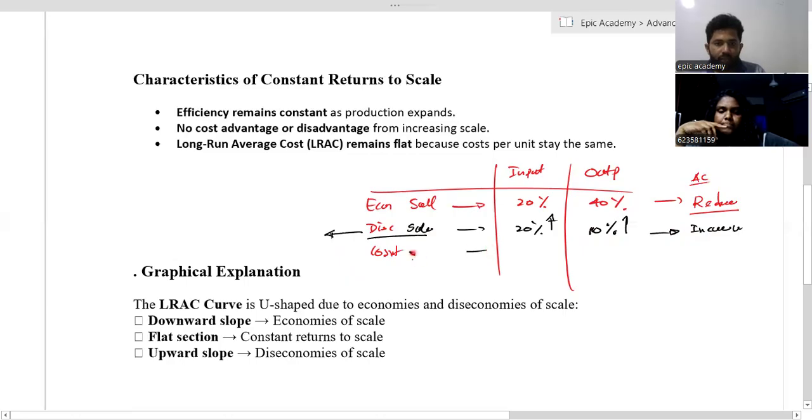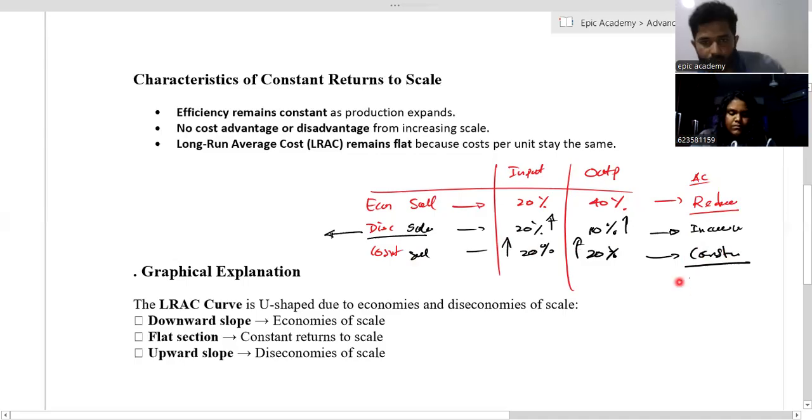During the constant scale period, you increase the input by 20% and the output also increases similarly. So what about the average cost? It is constant. No change in the average cost of production. That is why we call it constant scale.